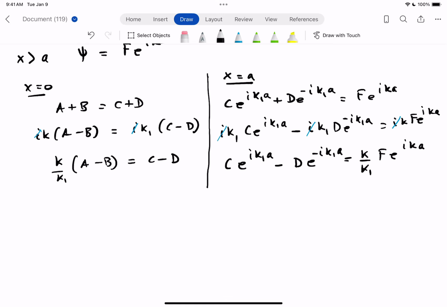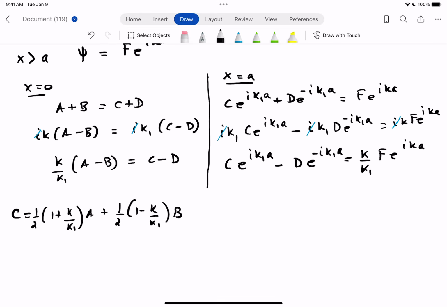Alright, so let's just solve for C and D. If I solve for C from the two equations on the left, the first and the third equation on the left, I'm going to get C = (1/2)(1 + k/k1)A + (1/2)(1 - k/k1)B.